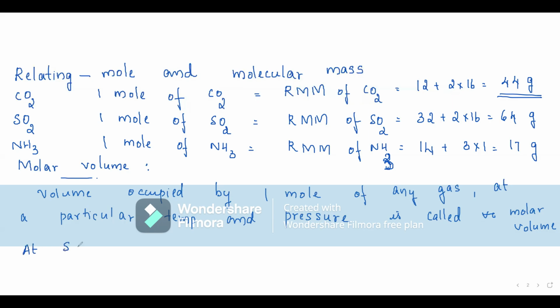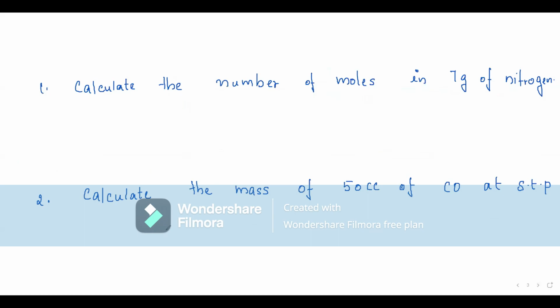At standard temperature and pressure, molar volume is equal to 22.4 liters. We mean to say 1 mole of any gas at STP will occupy 22.4 liters of space. Now, we need to do numericals that connect mole to RMM or RAM and to volume.